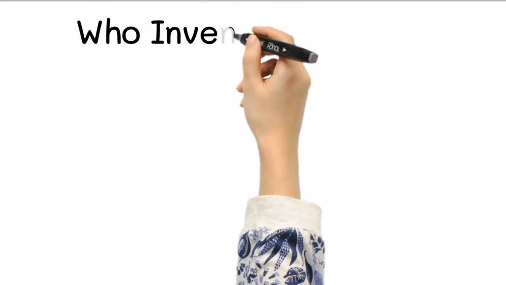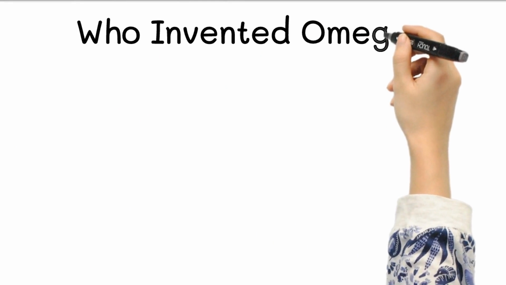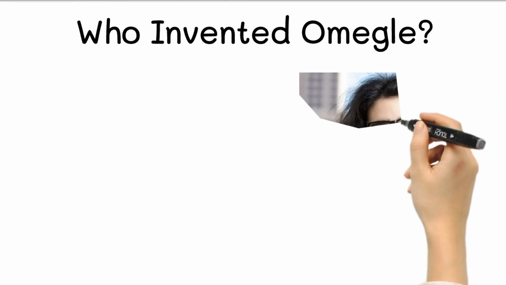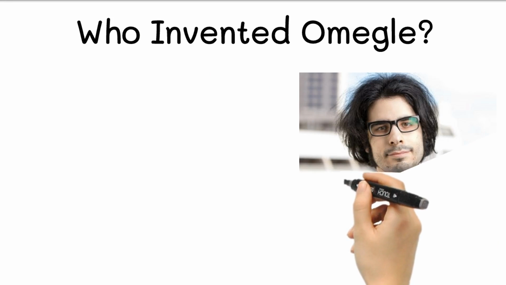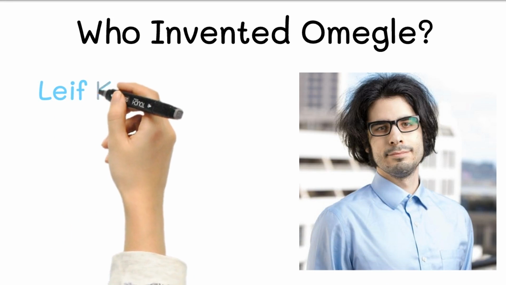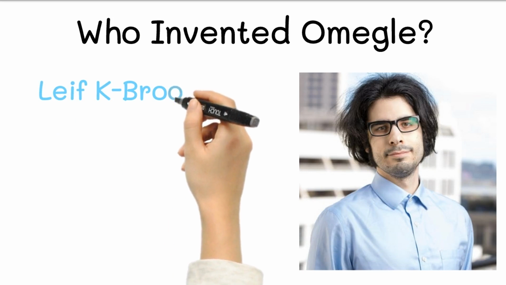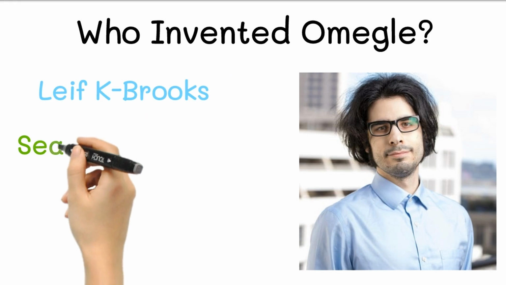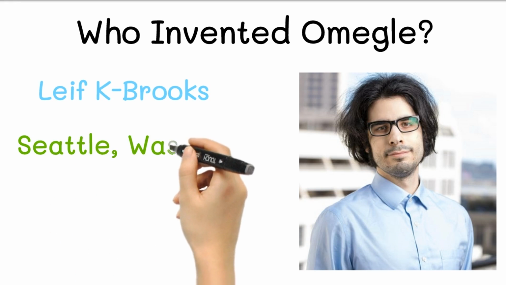Now, guys, we will be talking about who invented this awesome little website of Omegle. You will be wondering which person has developed it. This is the person. You can see the image of this person. His name is Leif K. Brooks, and he's from Seattle, Washington, United States.